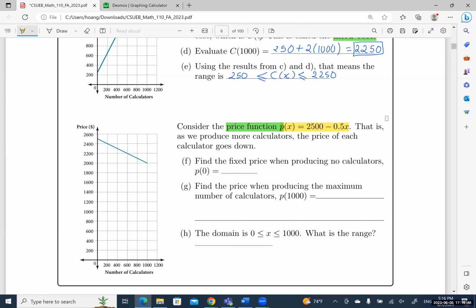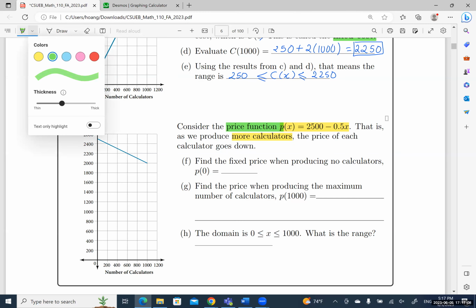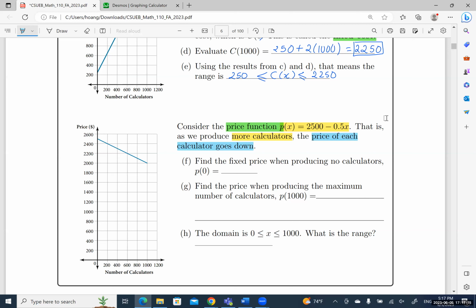Okay, so with these price functions, as we produce more calculators, the price of each calculator goes down. Since you have so many calculators, the price of each calculator will go down.